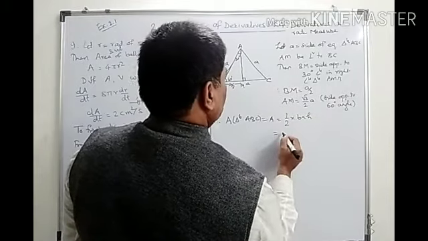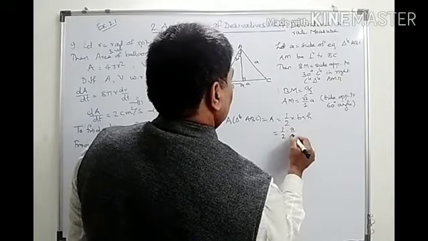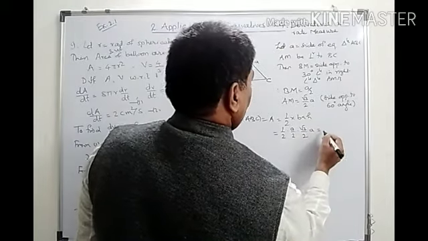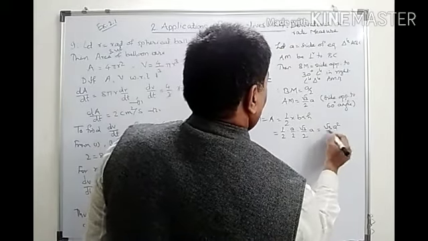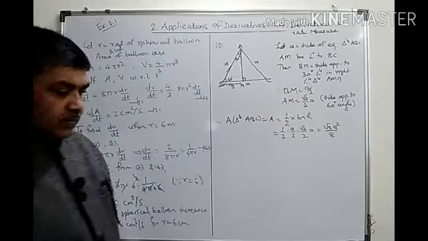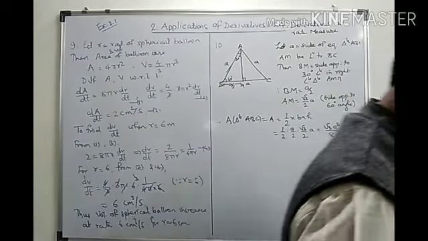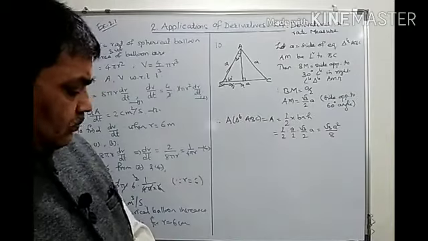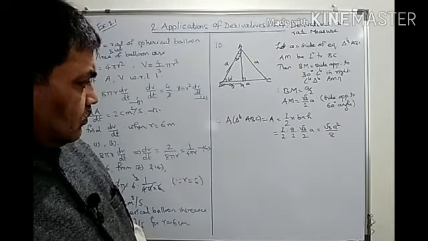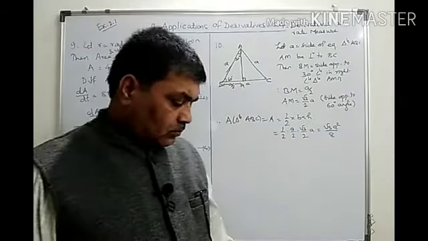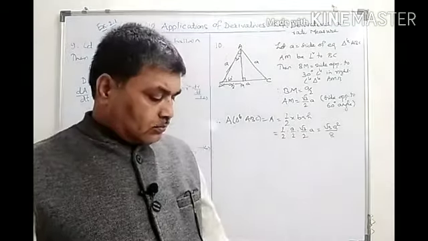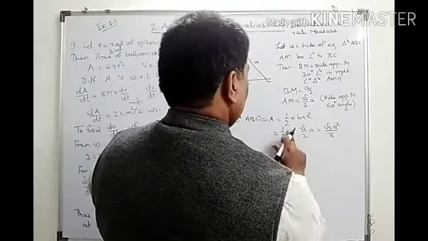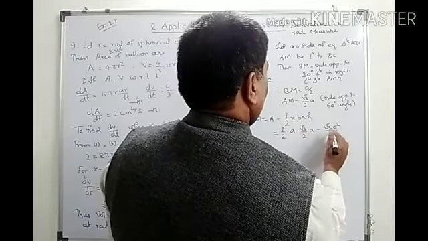The base is A and the height is √3 by 2 A. So we'll get √3 by 4 A square.